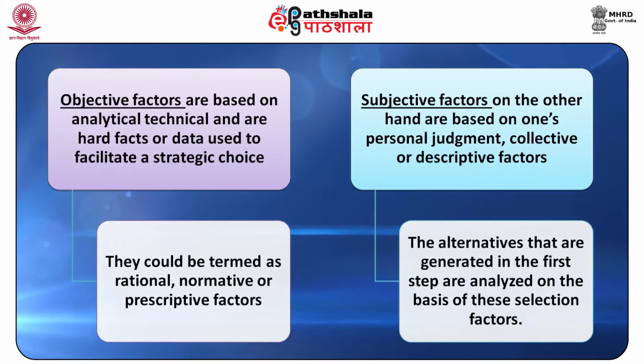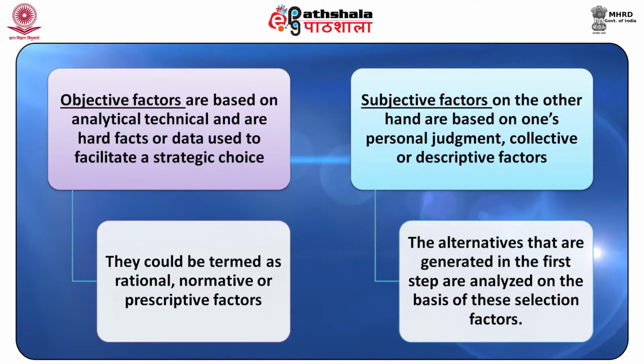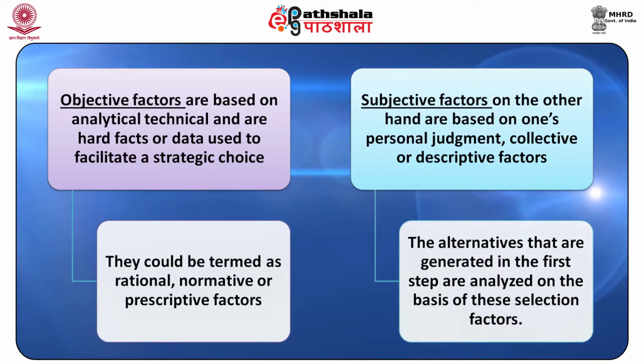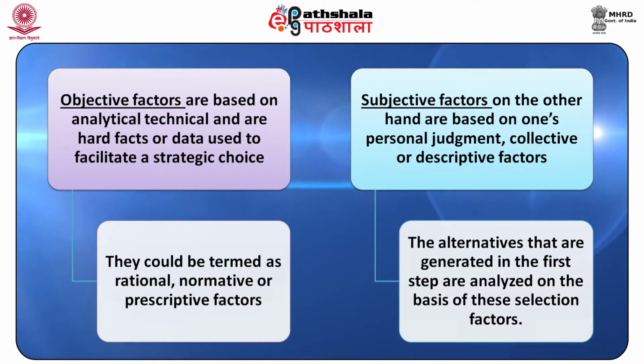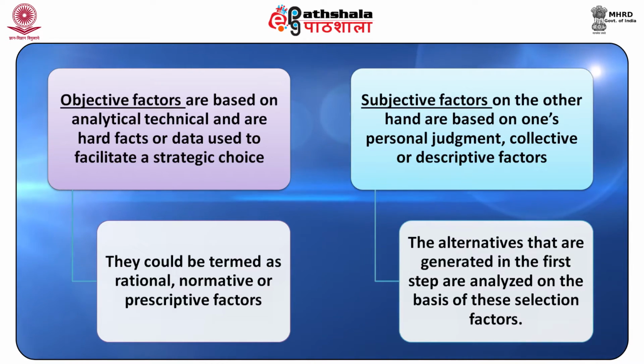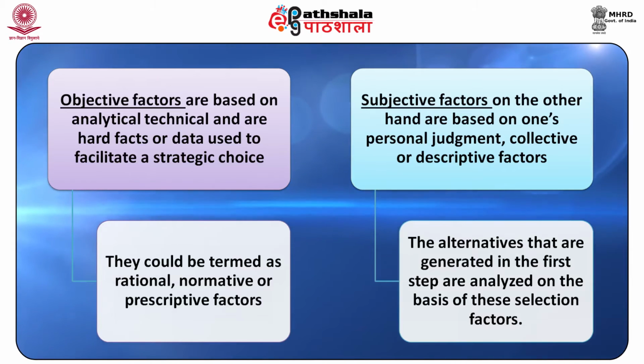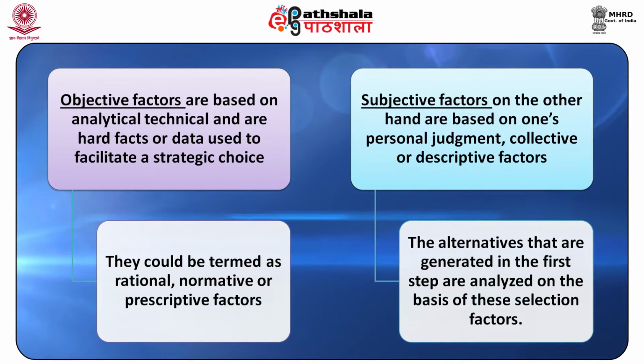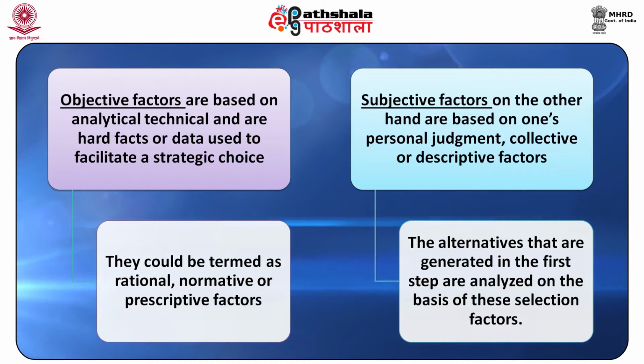Objective factors are based on analytical, technical and hard facts or data used to facilitate strategic choices. They could be termed rational, normative or prescriptive factors. Subjective factors, on the other hand, are based on one's personal judgment, and are collective or descriptive factors. The alternatives that are generated in the first step are analyzed on the basis of these selection factors.